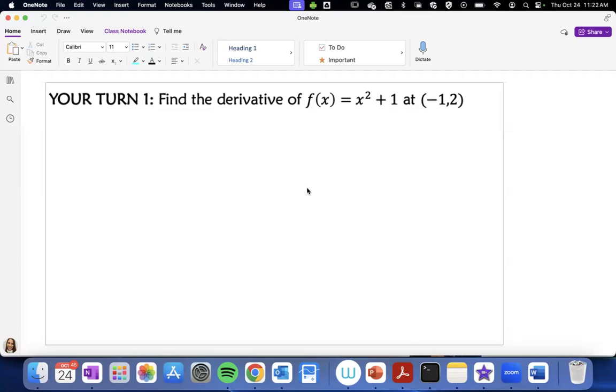The derivative. Is it f x prime? Just f prime of x.